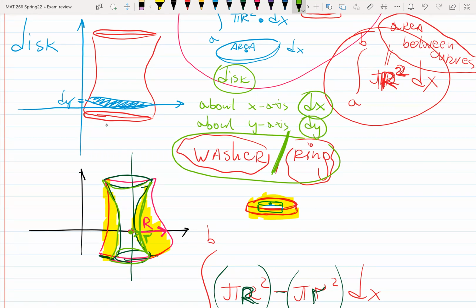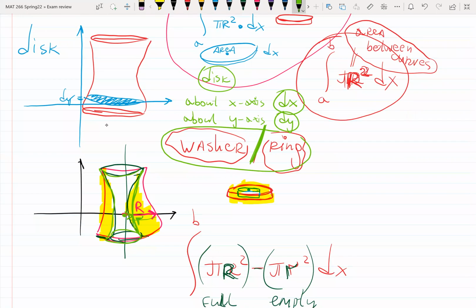This naturally falls out from the idea of how we're slicing things. If we're slicing things like so, these rings or washers are located horizontally. That's horizontal slicing. Then it's going to be dy, but it is rotated about the y-axis.